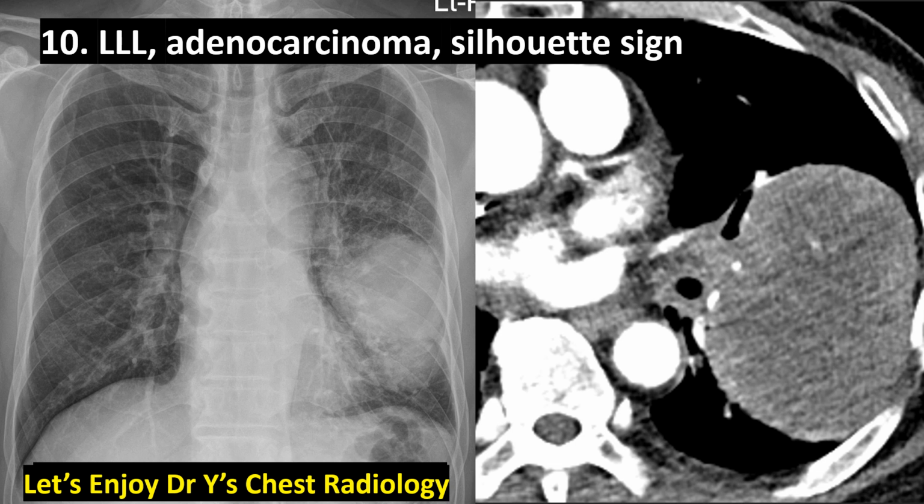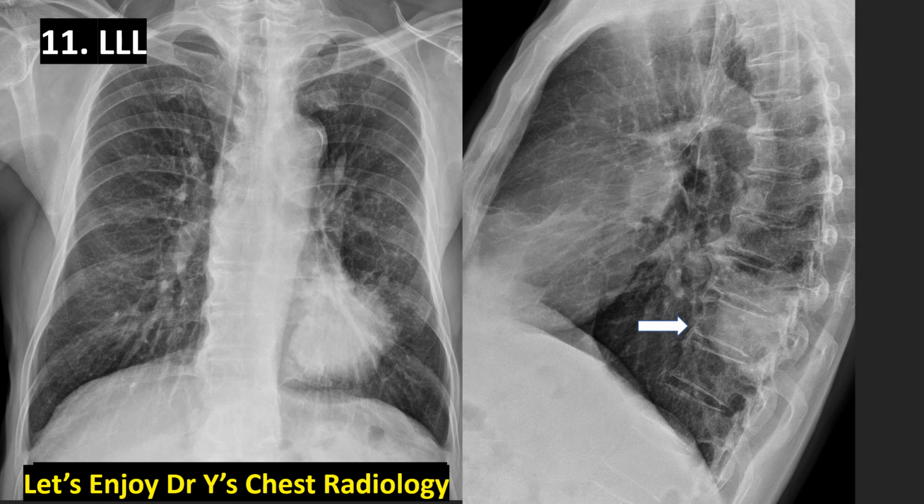We can confirm it on this axial contrast enhanced CT. A fist size, more than 7 cm, T4 staging tumor mass in the left lower lobe. Another large mass overlapped or just behind the left heart, the left ventricle, a left lower lobe lung mass, lung cancer.